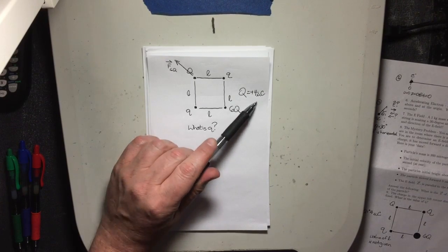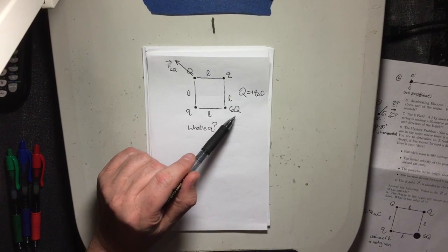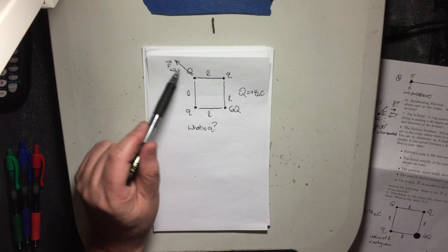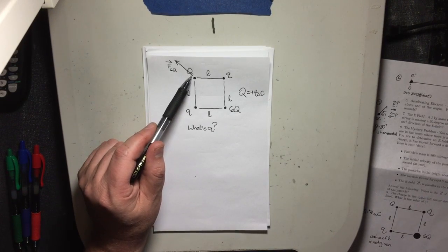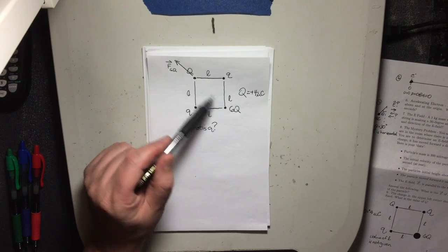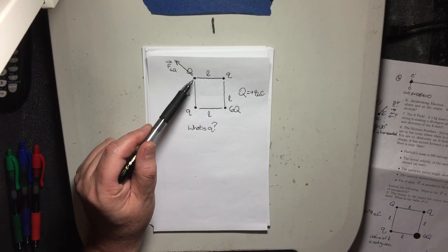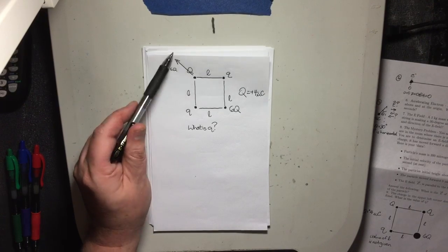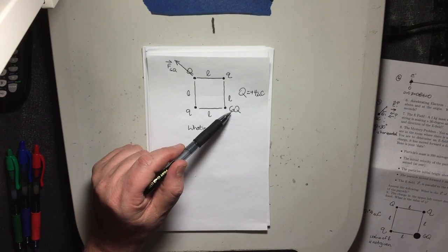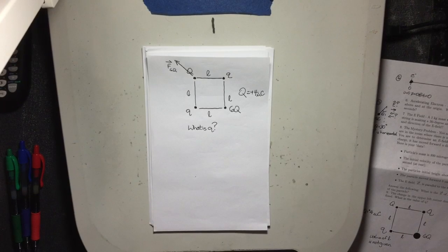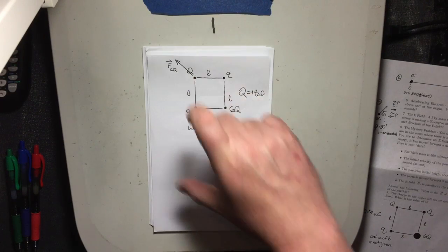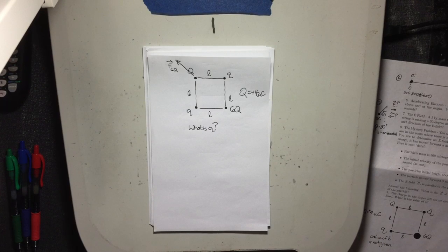Because big Q is positive. 6 times positive is positive, and that must be positive as well, because it's of the value Q. Positive, positive repulse. So this charge must be repulsed away from this. So it gets pushed away. And that's because Q is positive 4. This one's positive 4, that one's positive 24.